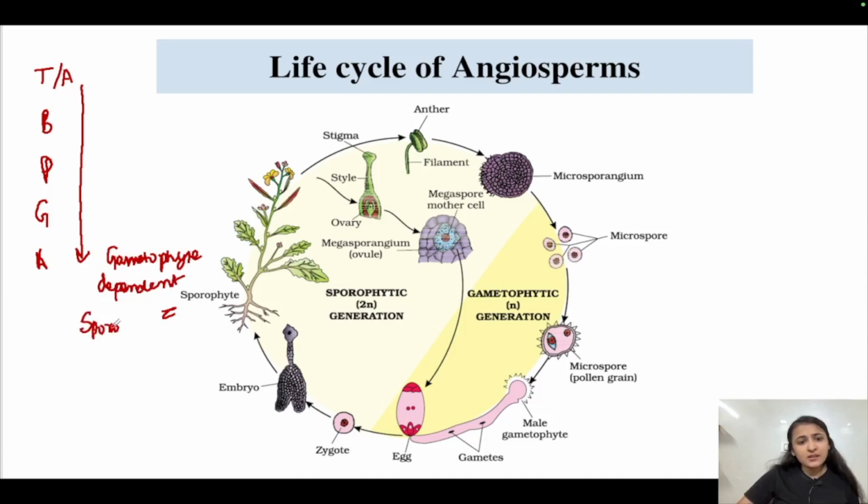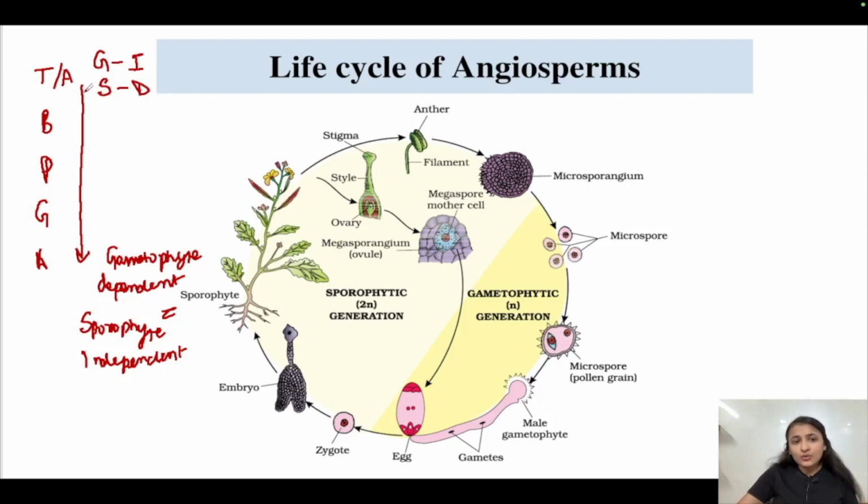The sporophyte is becoming more and more independent and the dominant plant body. Initially, the gametophyte was independent and the sporophyte was dependent. The gametophyte was the dominant plant body, bigger in size, and the sporophyte was reduced.